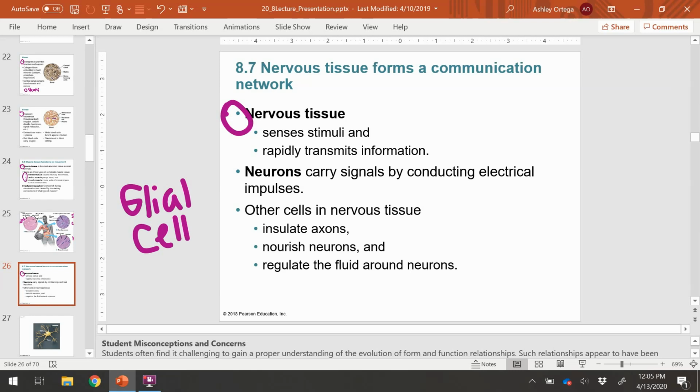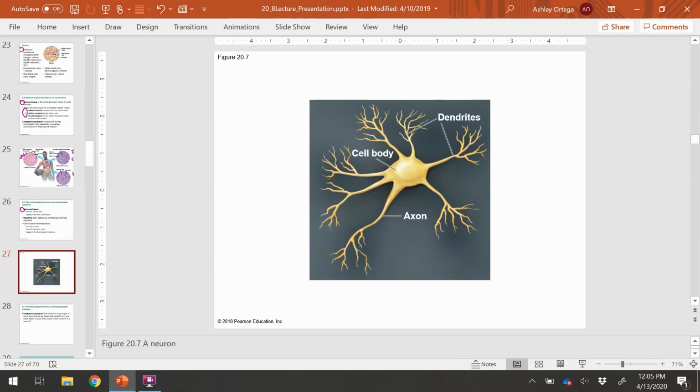And glial cells will help in insulating those axons that are part of the neuron. They'll nourish neurons and then they'll regulate the fluid around neurons. So they essentially support and do everything else for the neuron cell, which is what you see here.